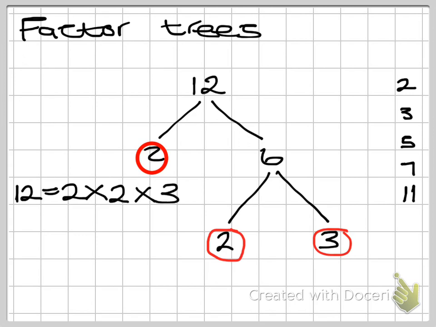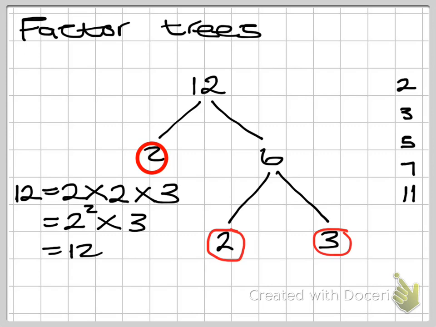Where do I get those numbers from? Those are all the numbers that I have circled. I can put it in exponential form as well, which is going to be 2 to the power of 2, because there are 2 2's, multiplied by 3. And then my answer will be 12.